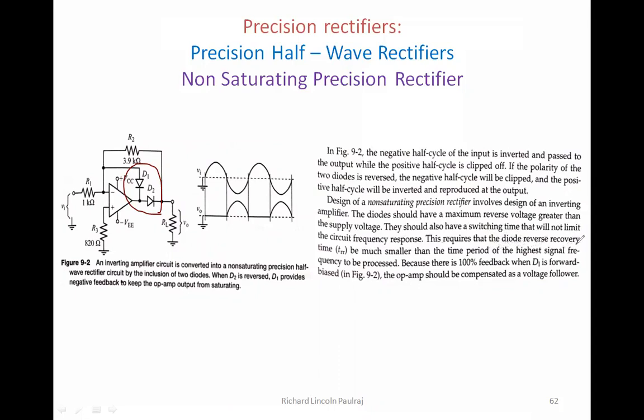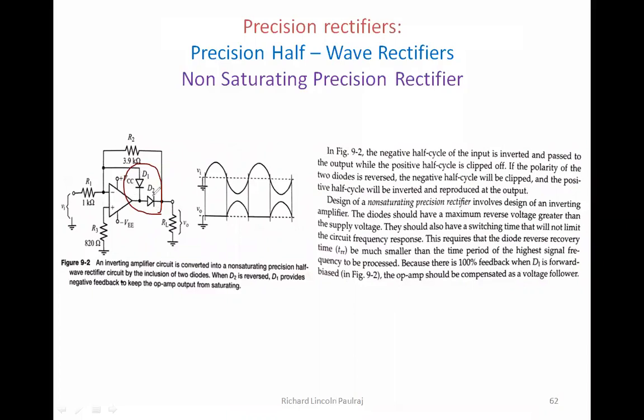This requires the diode reverse recovery time be much smaller than the time period of the highest signal frequency to be processed. So this diode, getting into forward bias, reverse bias. So this kind of switching should be faster, because there is 100% feedback when D1 is forward biased, right?